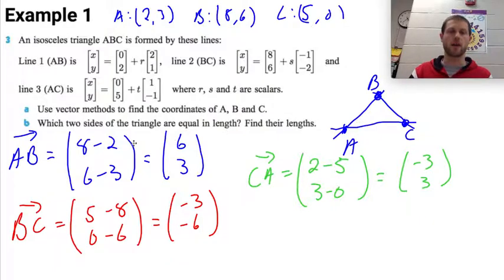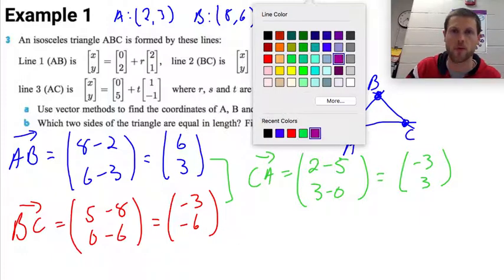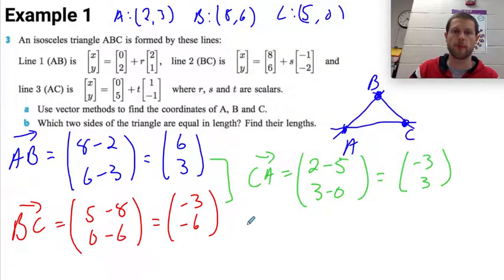All right, and right off the bat, I'm looking at these three vectors and I'm seeing these two as being the same in magnitude. That's because I still have these same two components. Yeah, they're in different orders, and they have different signs, but still I have a size 6 and a size 3, and a size 6 and a size 3. Let's go one more color here, let's go purple. The magnitude of vector AB is going to equal the magnitude of vector BC.